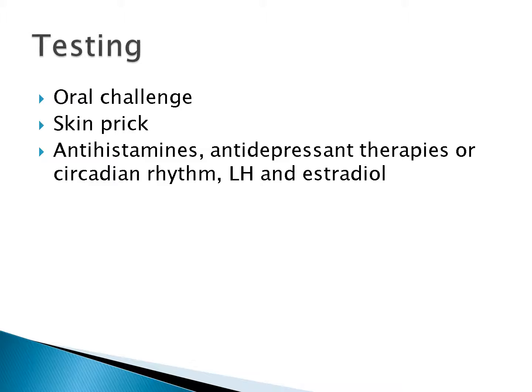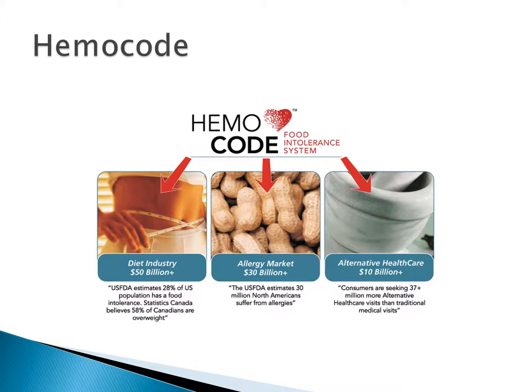So we need something that's dynamic, and there are some things in the mix that have had some limited success. So one attempt to create a dynamic system of allergy assessment is this thing called HemoCode.